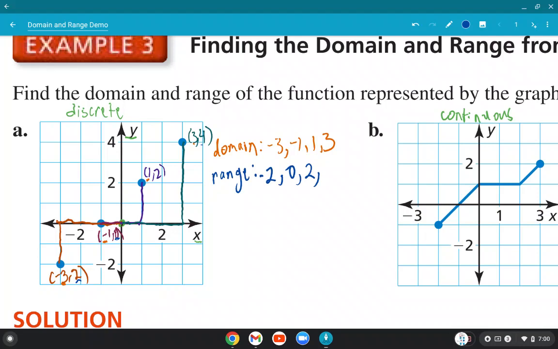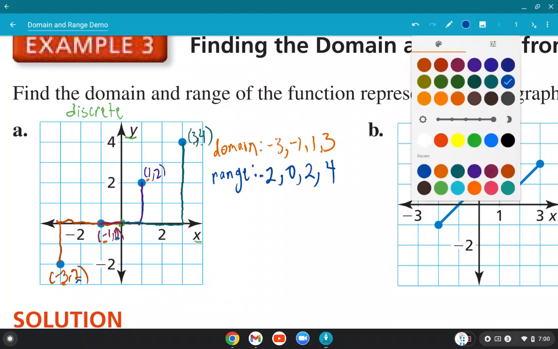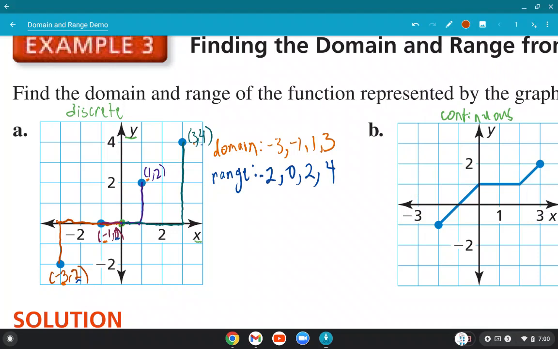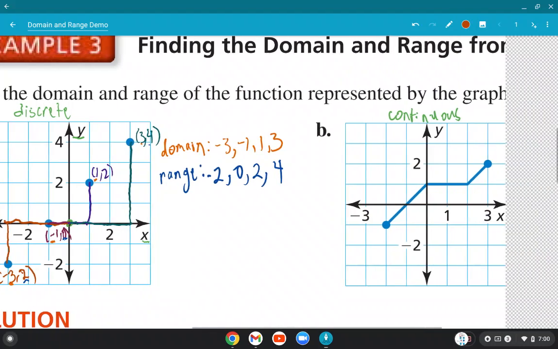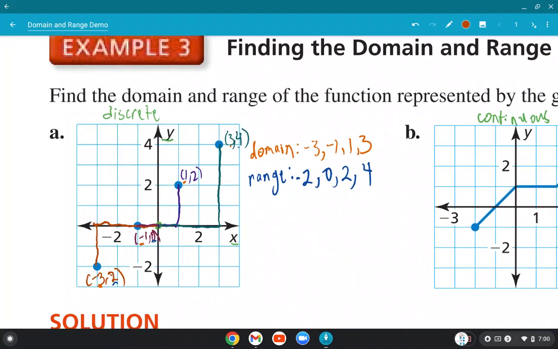So let me go ahead and correct that right here. So that's how you find the domain and range for discrete functions.